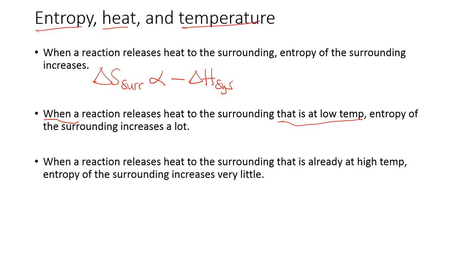So let's think about that. Think about a situation where maybe a substance is at 0 degrees Celsius, and you add maybe 1,000 kilojoules to that situation. What are you going to see? Because you are adding heat to a substance that is at low temperature, the molecules are really slow at that low temperature.